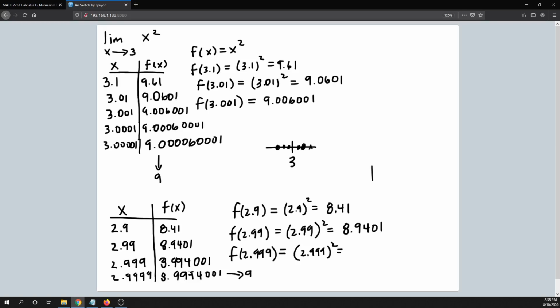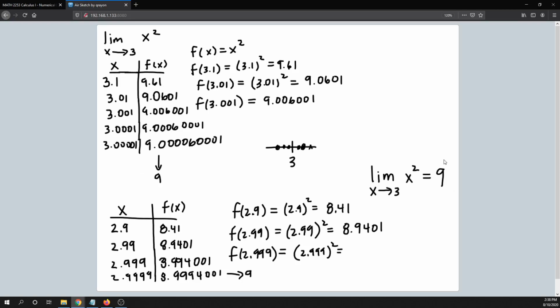What we would say is the limit as x goes to 3 of the function x squared equals 9. So if we take values of x that are getting closer and closer to 3 and plug them into this function, the y values that we get out will be getting closer and closer to 9.